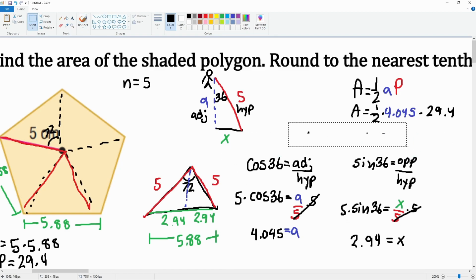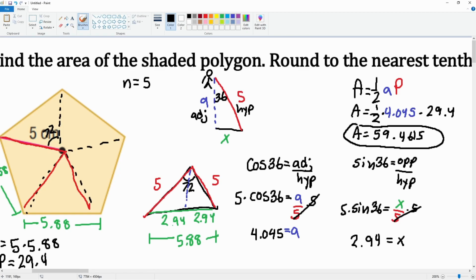That allows me to get my area. It's 1/2 times the apothem 4.045 times the perimeter 29.4. This gets me roughly 59.4615. That would be the complete area here.